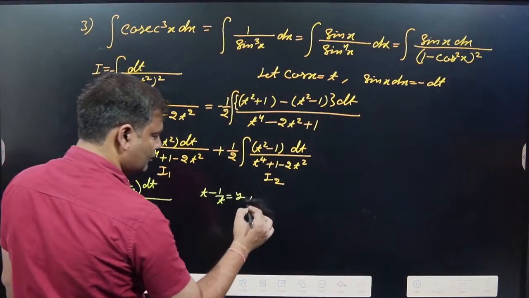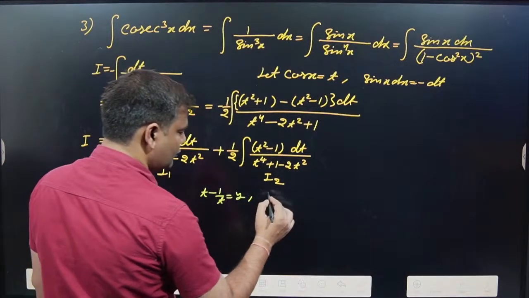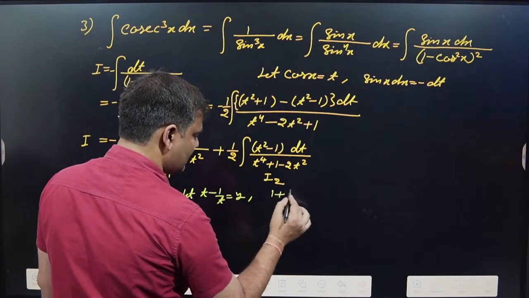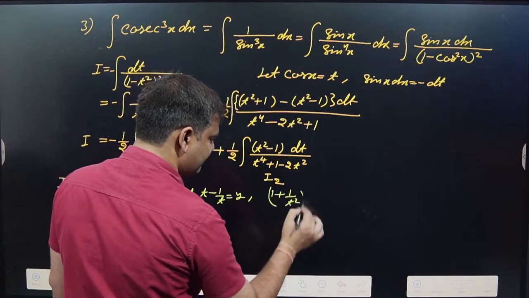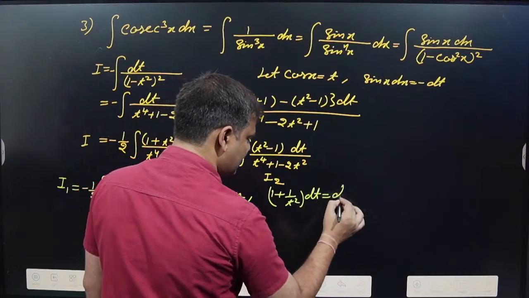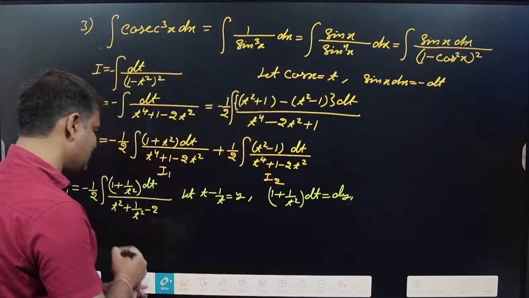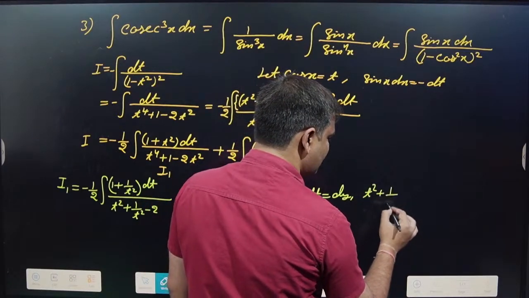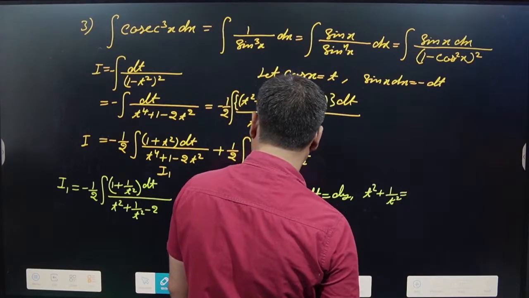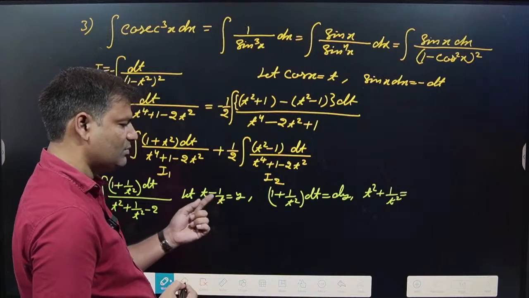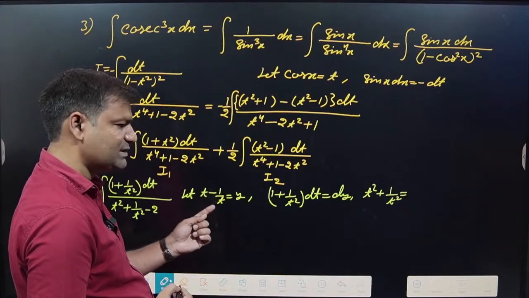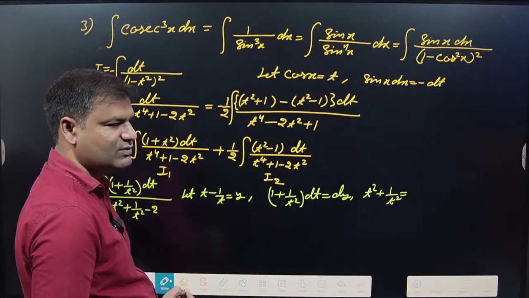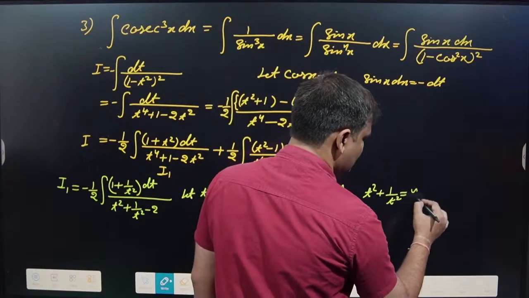So 1 plus 1 upon t square dt will equal dy, and t square plus 1 by t square is replaced by how much? Squaring both sides, t square plus 1 by t square minus 2 will equal y square. So t square plus 1 by t square is written as y square plus 2.